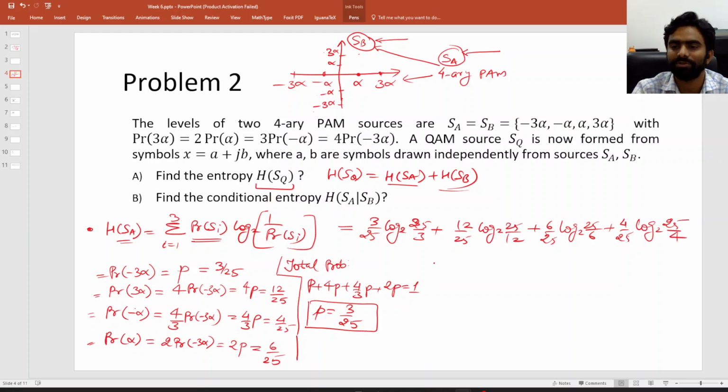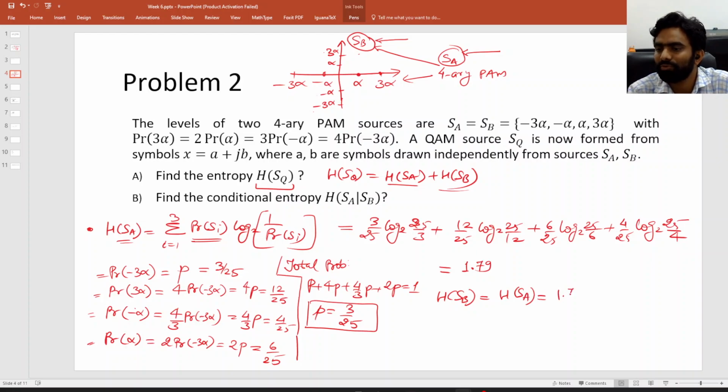Now solve this equation and you will see that the answer is 1.79. Clear? By solving this, you will get H of SA is 1.79. Similarly, H of SB is also equal to H of SA because the same symbols are used with the same probability. So that is nothing but 1.79 bits. Clear?